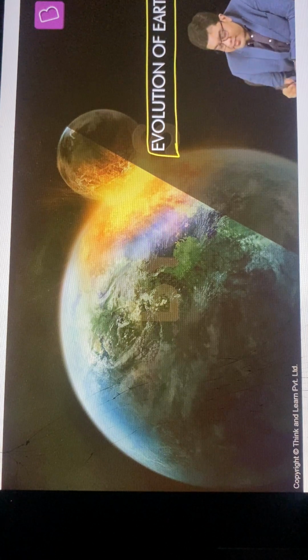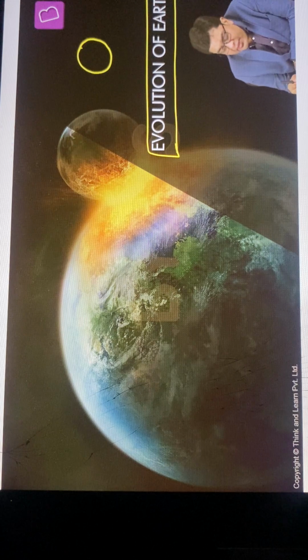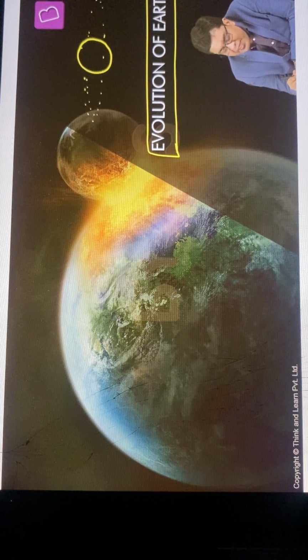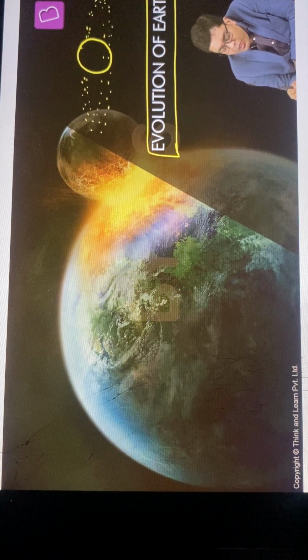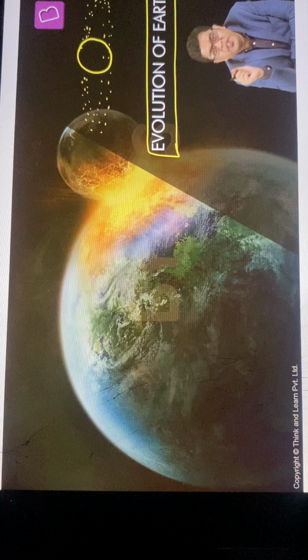Now, in our solar system, at the central point, we had the sun, and all around the sun, we had a revolving mass of dust particles. Endless billions and trillions of dust particles kept on moving around the sun under the influence of the gravitational pull of the sun. Initially, all these particles collided with each other.